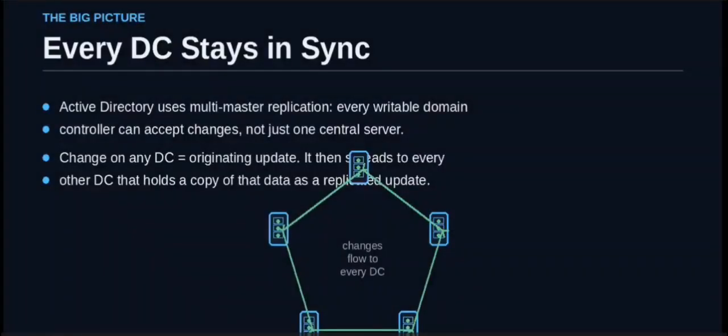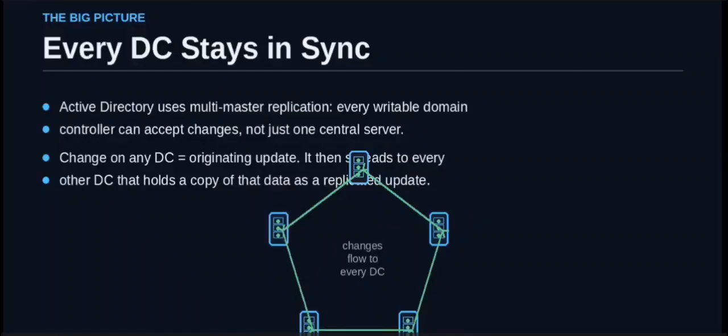So the very first thing we need to know is that Active Directory uses something called multi-master replication. So what does that mean? It means every writable domain controller can accept changes. There is not one central server that controls everything.